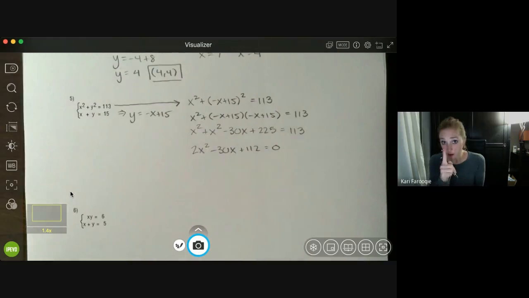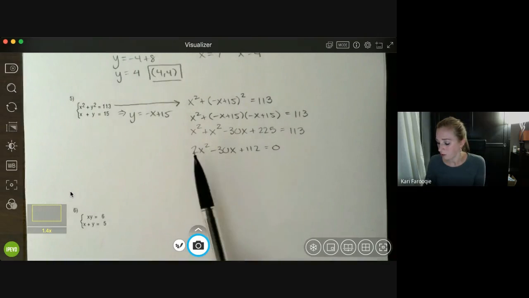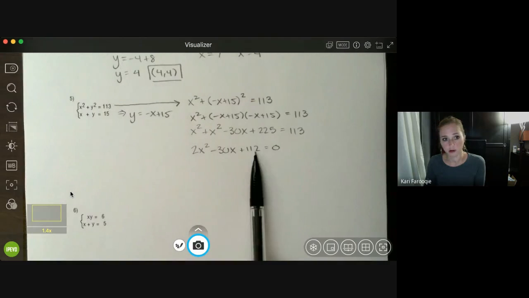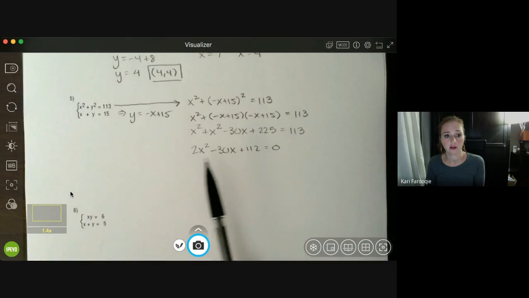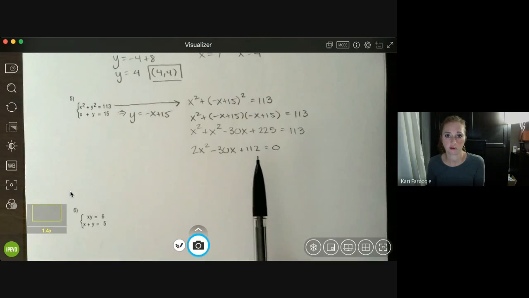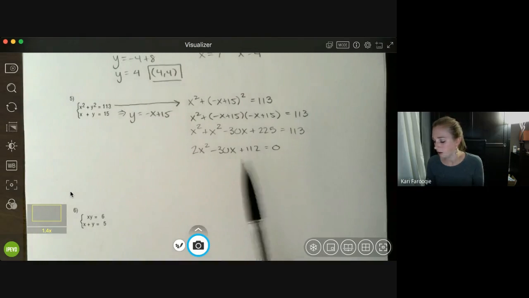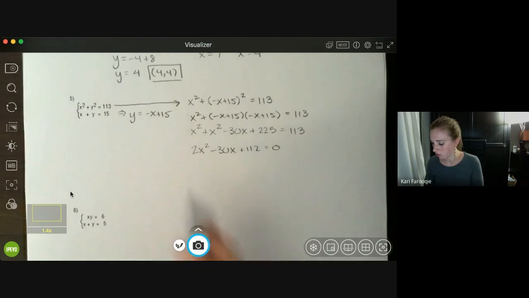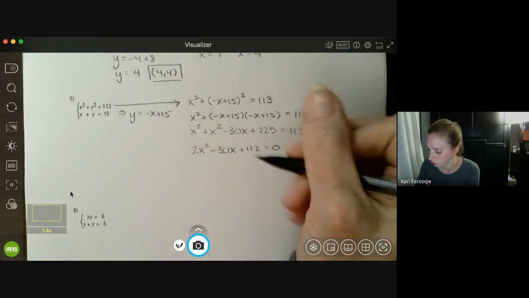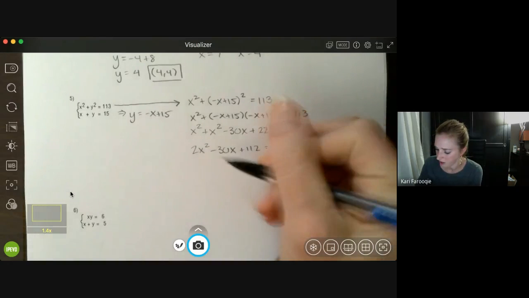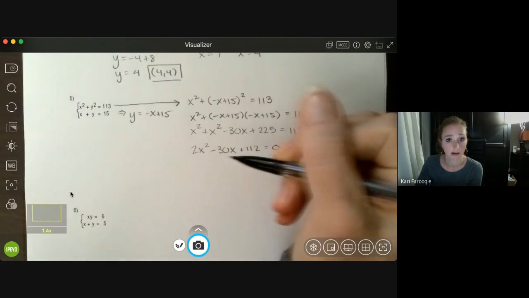Now, if I were you, I would notice that you have 3 terms, and they all have even coefficients. The last thing you want to have to do is use the quadratic formula if you don't need to. So go ahead and divide every term by 2. Think about it as factoring it out.